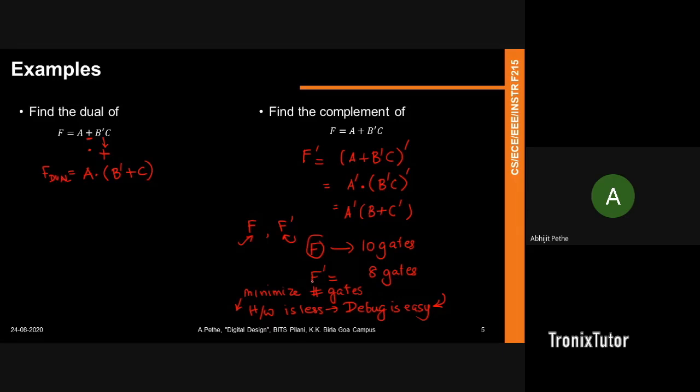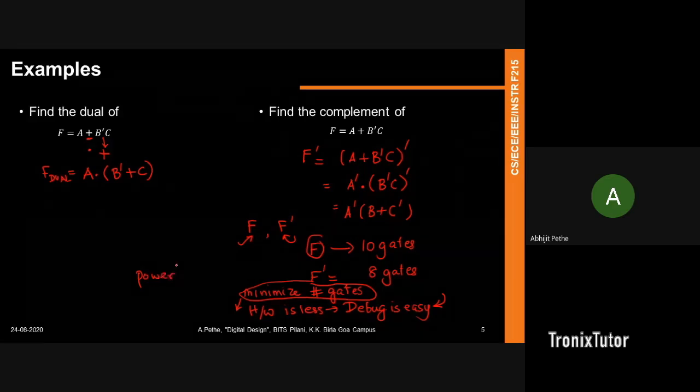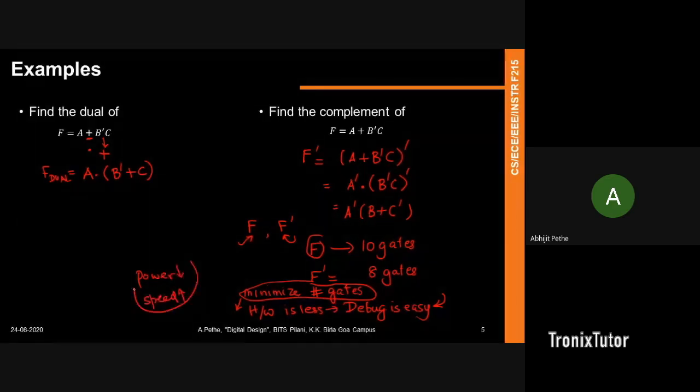So minimizing is always a good idea, because that helps you reduce the headache of debugging. And the second thing, obviously, is lower power, higher speed. So these are all your standard reasons why you want to minimize gates.